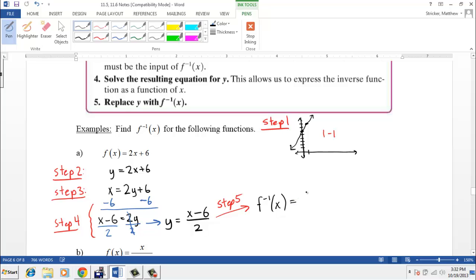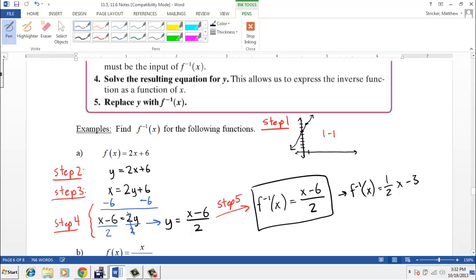So the inverse function is x minus 6 over 2. Some of you may also wish to write this as f inverse is equal to 1/2 x minus 3. That's because we have a 1 over 2, which makes 1/2, and we have a negative 6 over 2, which makes negative 3. So you can write it in that notation as well.